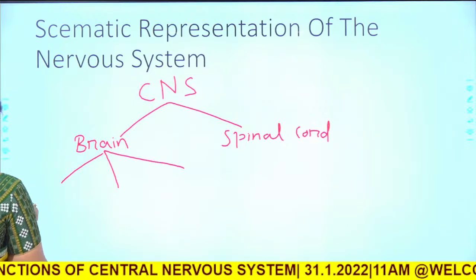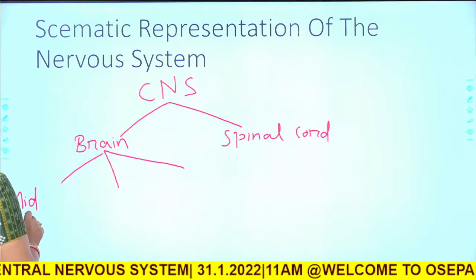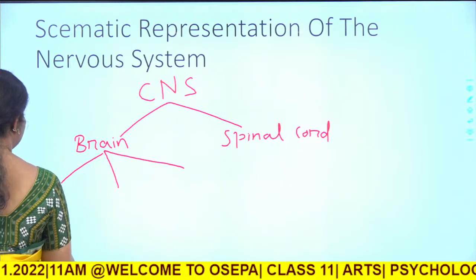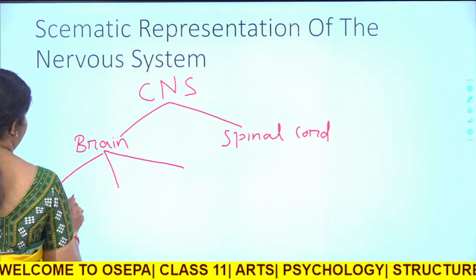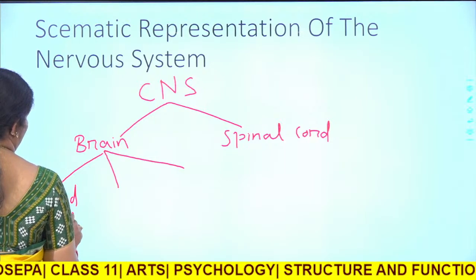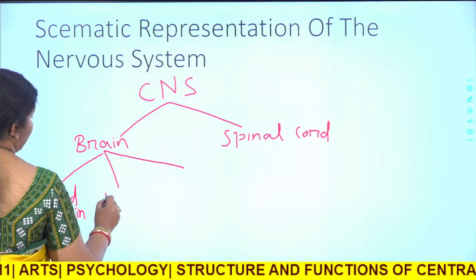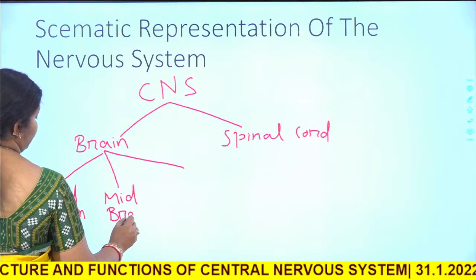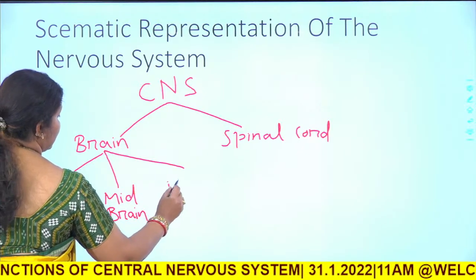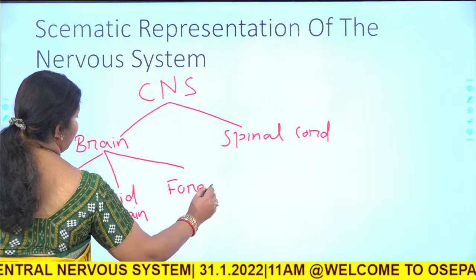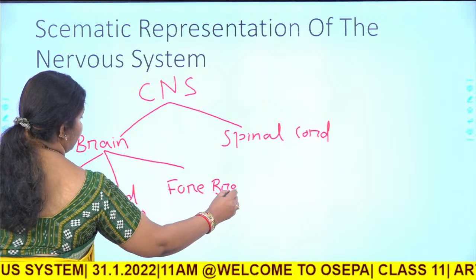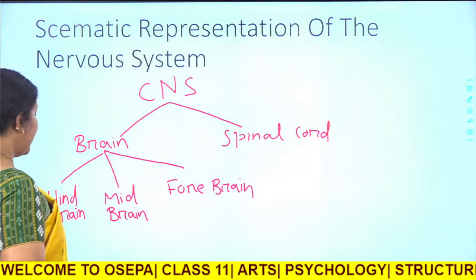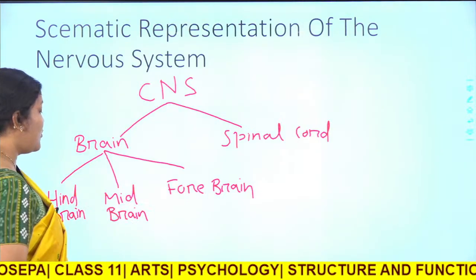First one is hindbrain, midbrain, and this one is forebrain. So these are the three divisions of the brain: hindbrain, midbrain and the forebrain.